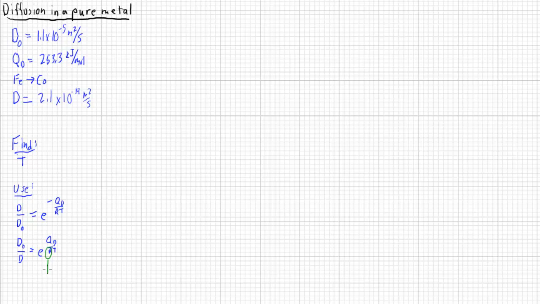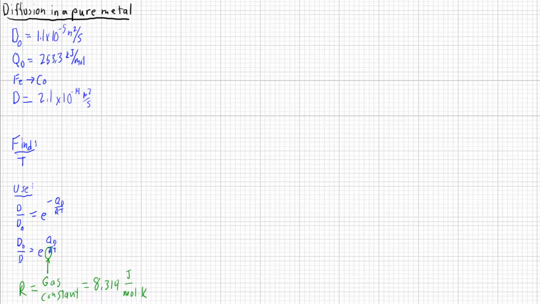R here is the gas constant, and that is 8.314 joules per mole Kelvin.